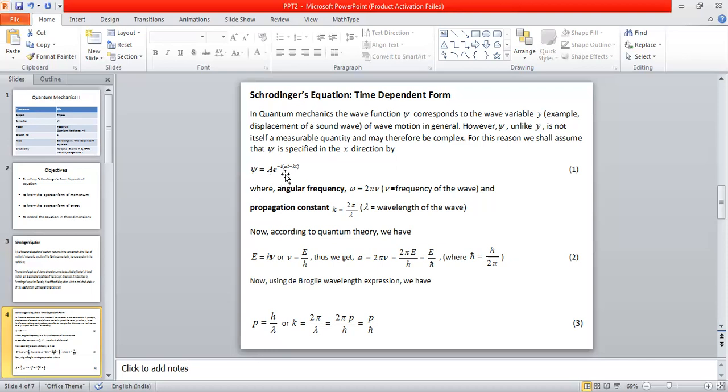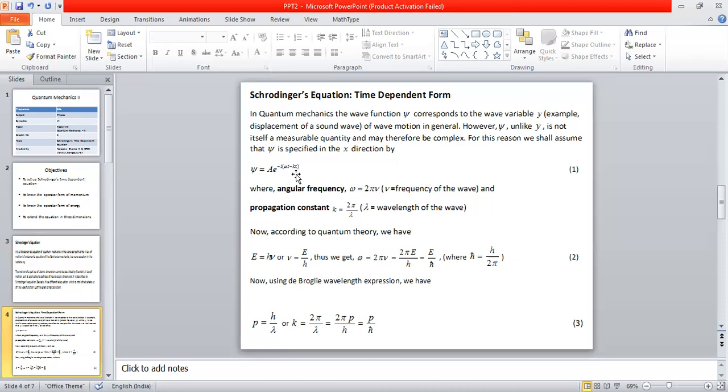There are certain quantities inside this equation, equation 1. i is, as usual, the imaginary number, square root of minus 1, and omega is the angular frequency, which can be written as omega is equal to 2 pi nu, where nu is the frequency of the matter wave or the de Broglie wave associated with a given particle or physical system.